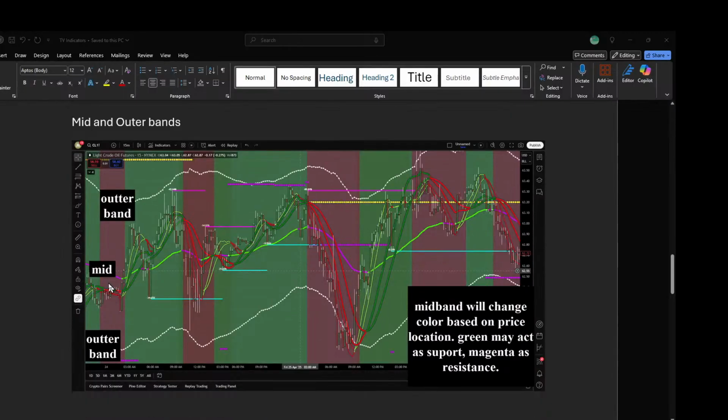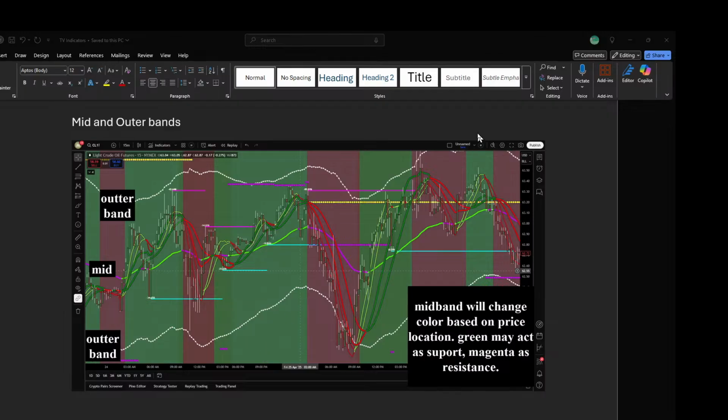Mid bands and outer bands. The outer band is the one thing you're probably not going to understand if you're not using Market Flow. The mid band runs through the middle, green and magenta, support and resistance, same thing. These outer bands I consider points of exhaustion.